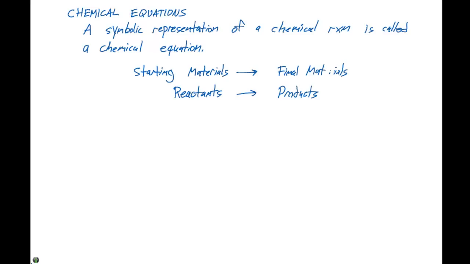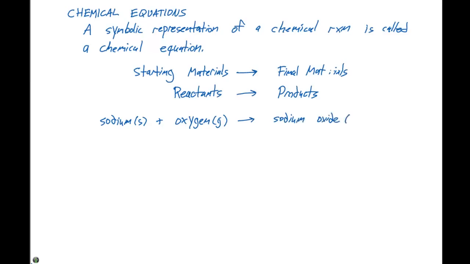So when we write these chemical equations, we can say that if we have sodium solid plus oxygen as a gas, the product that we observe is sodium oxide.